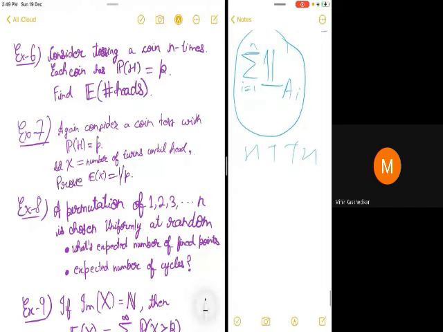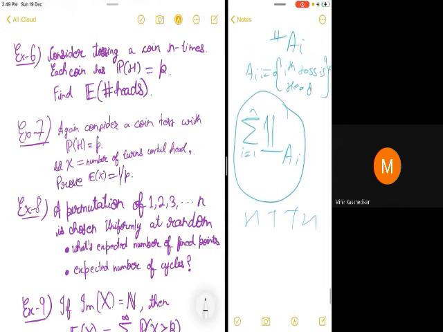So do you see why this indicator function actually measures the number of heads in an outcome? Yes. Okay.